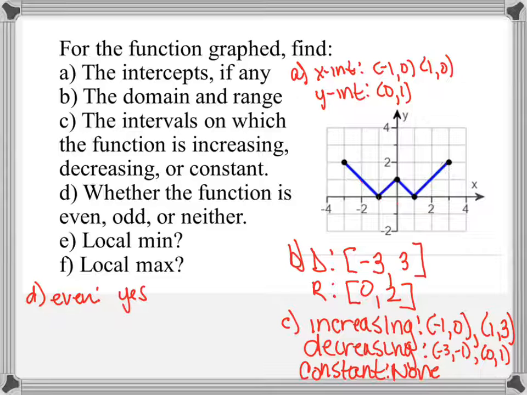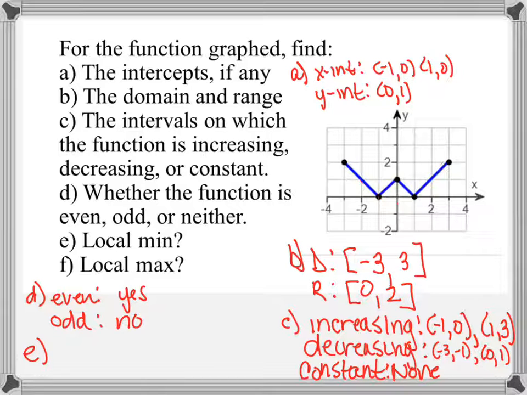To determine whether it's odd, if I were to rotate this graph 180 degrees about the origin, would it look identical? So originally this is a W-shaped graph. If I rotate it 180 degrees, it'll be an M-shaped graph. So no, so this is not odd. If it was neither, if we answered no for even and odd both, then we would say neither. So this is even but not odd.